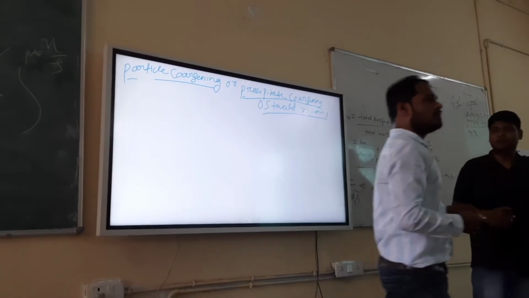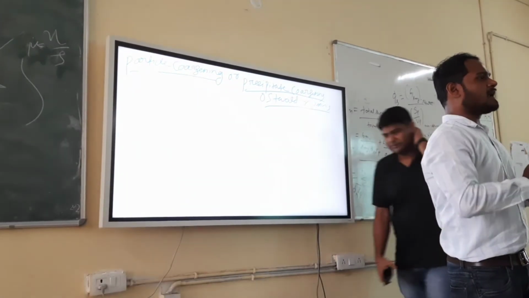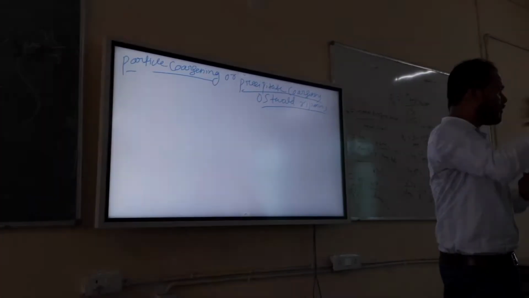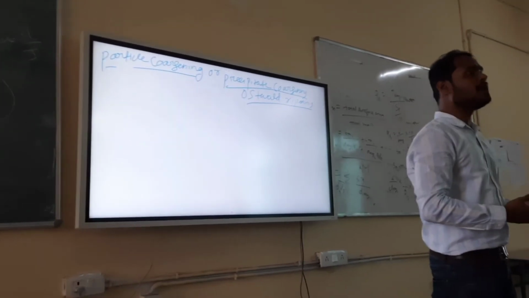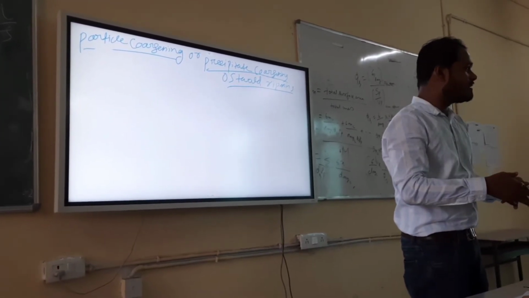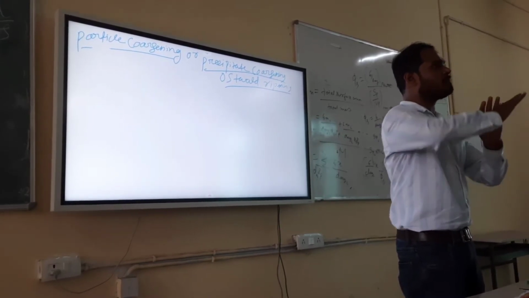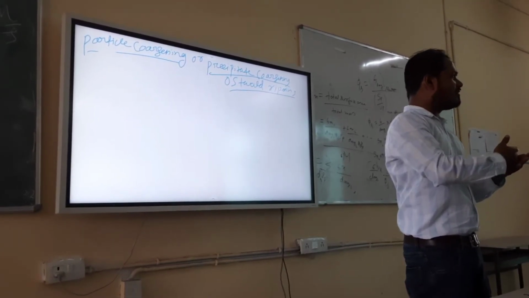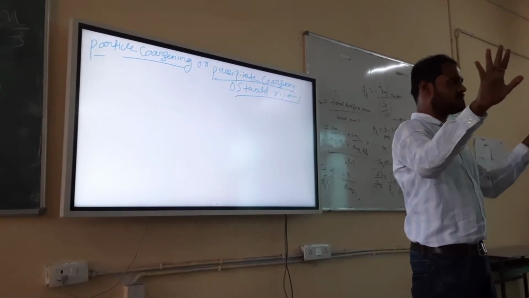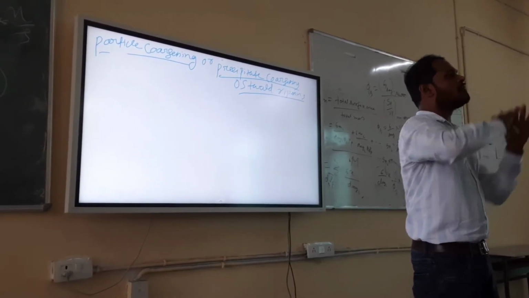If something wants to form, where will it form? Where there is high energy available. First condition I told, in crystalline materials we have a lot of regions. First is the surface. You have triple junctions.